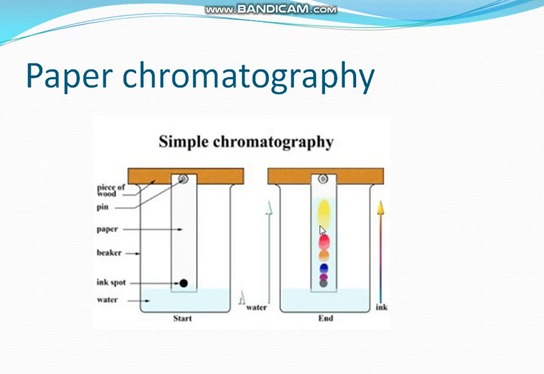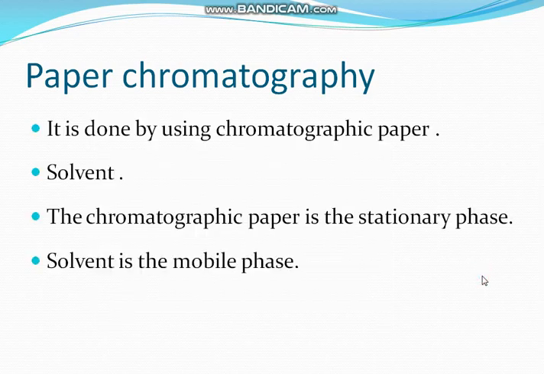This technique is called paper chromatography. Then what do you mean by paper chromatography? The main part is the chromatographic paper. Can you say the name of that paper? That is Whatman number 1 paper. Then we use one solvent.